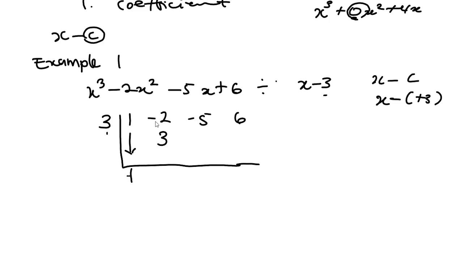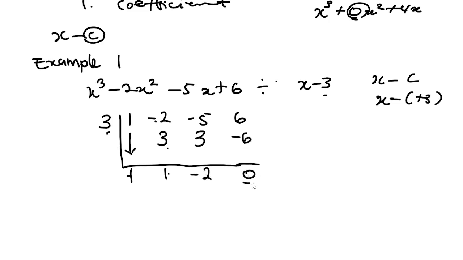Then negative 2 plus 3, you get 1. Next, you use the 1 to multiply the 3 here. So 1 times 3 gives you 3. Then you add negative 5 plus 3, you get negative 2. Next, negative 2 times 3 gives you negative 6. You add, you get 0.